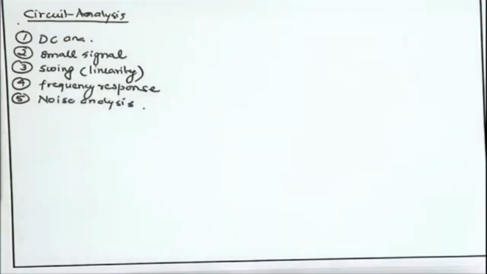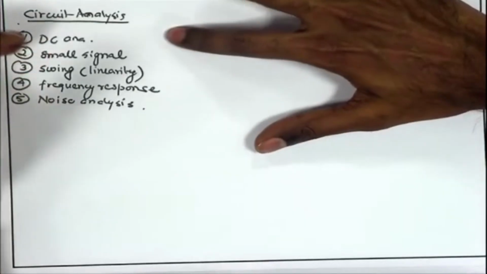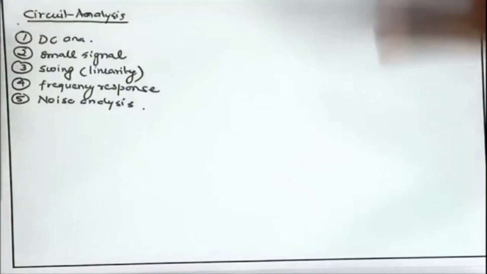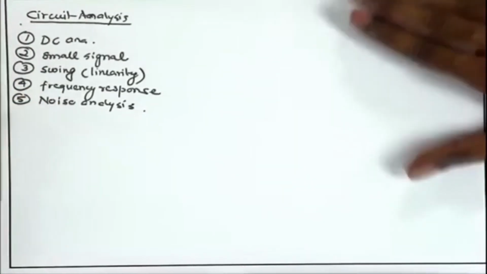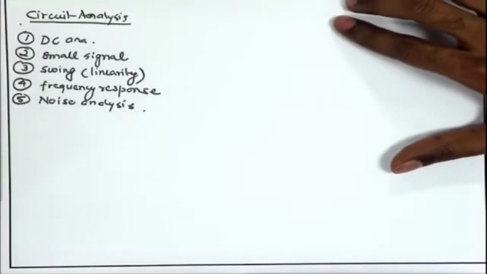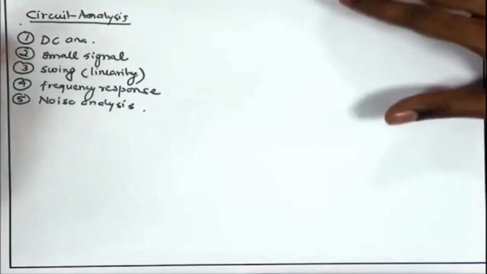So using the concepts we have developed so far at device level, we are in a good position to carry out all this analysis for a given circuit. So let us start with a simple circuit which is a common source amplifier with resistive load, and carry out all this analysis.